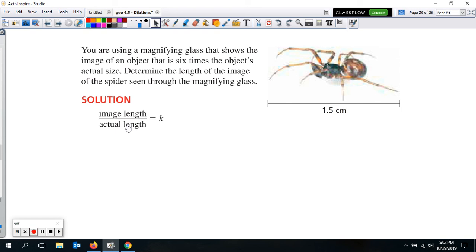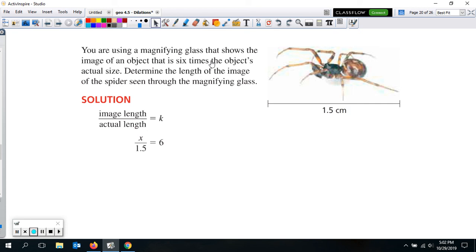So you can always find the scale factor that way, image over actual. Our image we don't know, but the actual length we do know, it's 1.5. It says we're trying to make it 6 times the object's actual size, so your scale factor is 6 on this one. We're not asked to find the scale factor, it tells us it's 6 times.